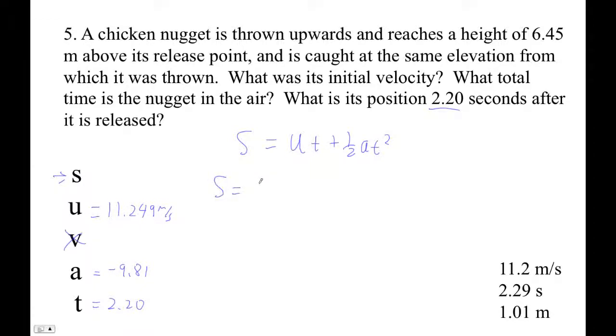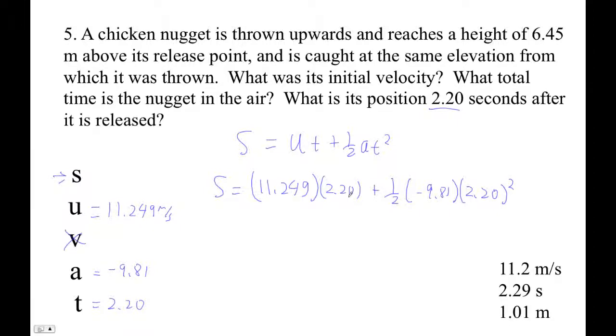So S is 11.249 times 2.20 plus 1/2 times negative 9.81 times 2.20 squared. I'm using the up arrows on my calculator and just grabbing that whole thing without any rounding. 11.249 times 2.20, plus 0.5 times negative 9.81.